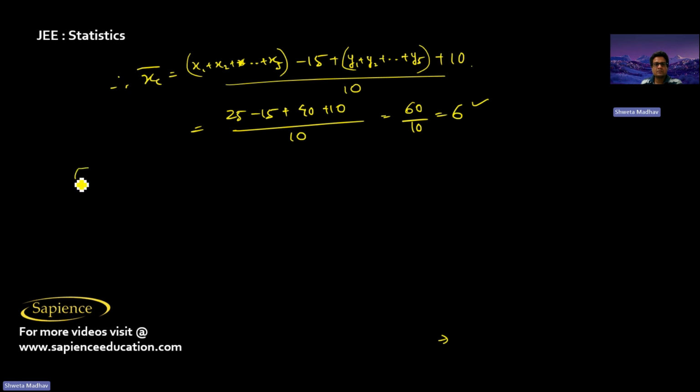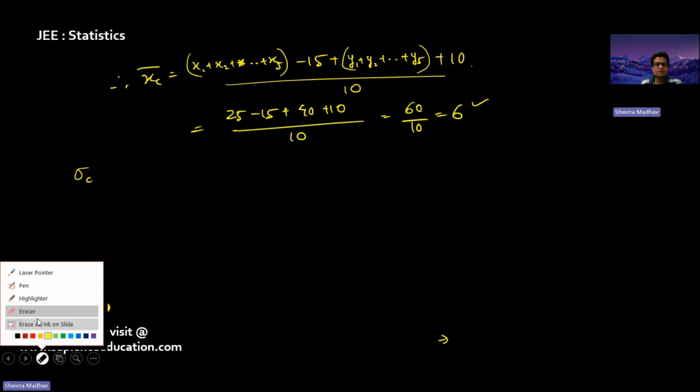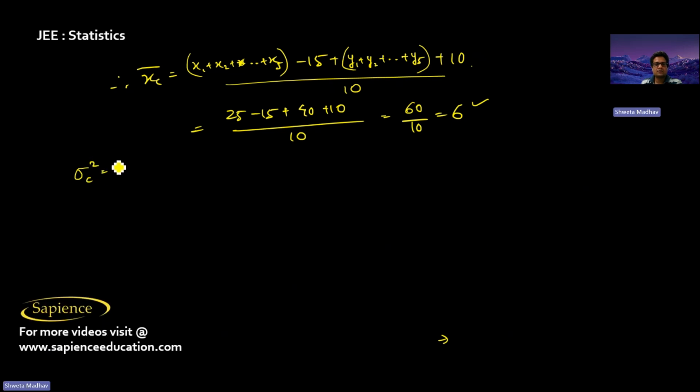The variance we have to find. So the variance in C, sigma C squared, we have to find out. Now sigma A squared is (x1 squared + x2 squared + ... + x5 squared) divided by 5 minus x-bar squared.